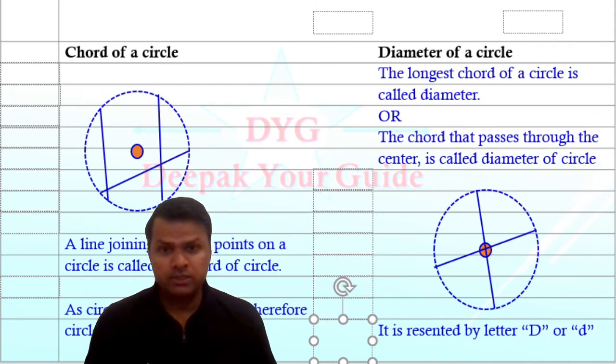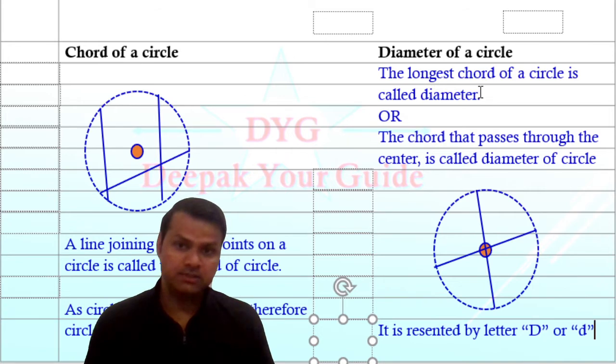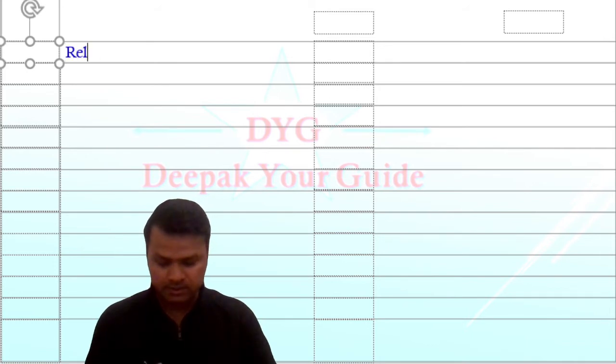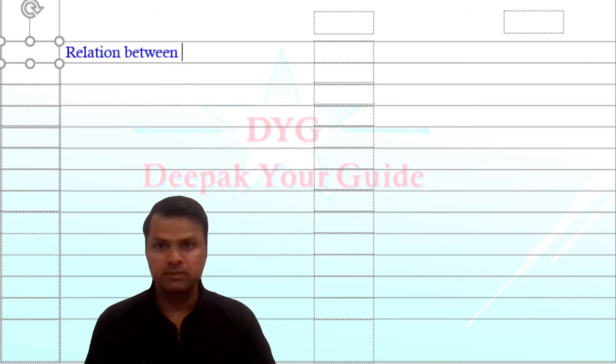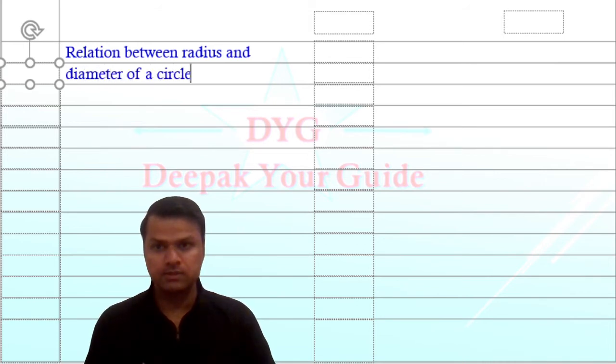Now, if you have understood the diameter of a circle from here, we can find a relation between diameter and the radius of a circle. So now let's discuss that relation. So what is the relation? Now next we want to understand the relation between radius and diameter of a circle.